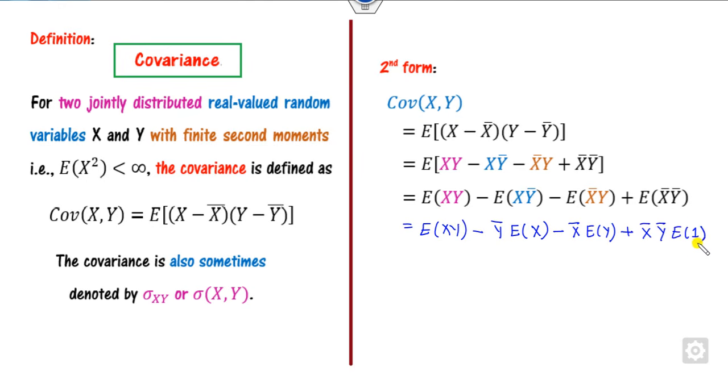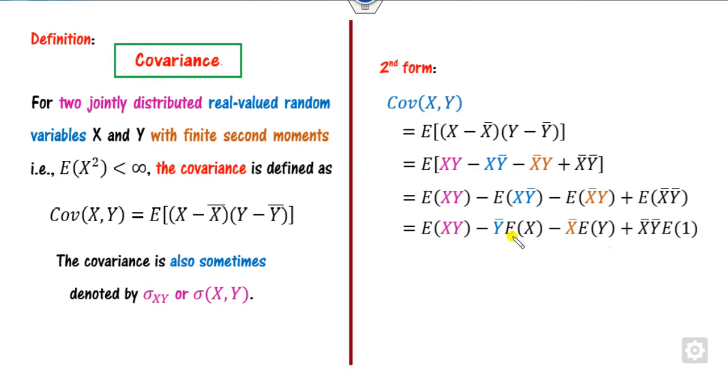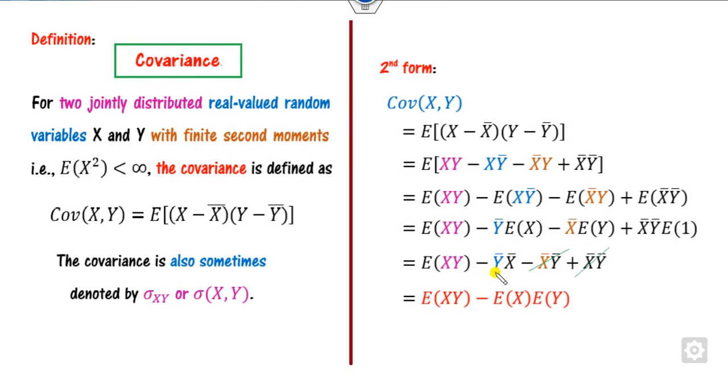This is nothing but my 1. Now what is the E of x? This is nothing but x bar, and this is nothing but y bar. The expected value of 1 is nothing but 1. So clearly this and this will cancel out, and the resultant expression is the expected value of xy minus the expected value of x times the expected value of y. So this is the second form of the covariance.